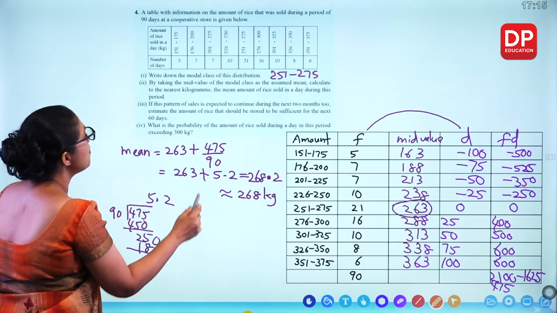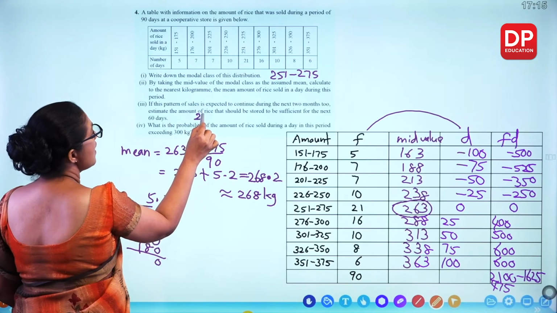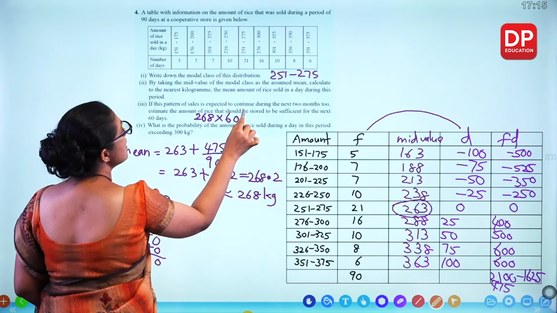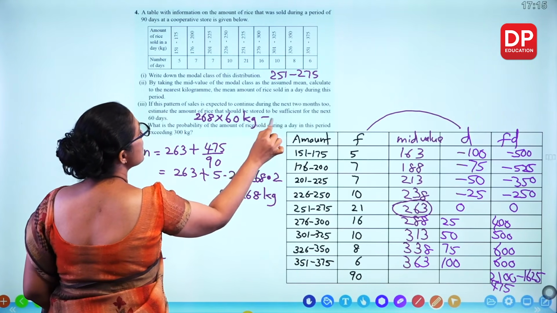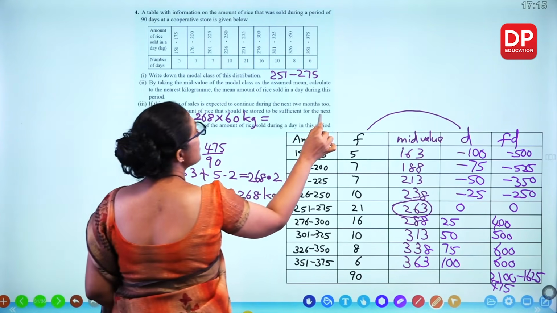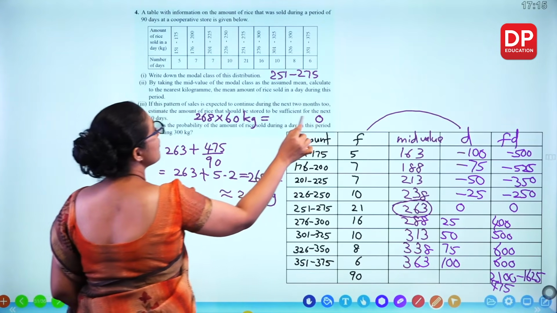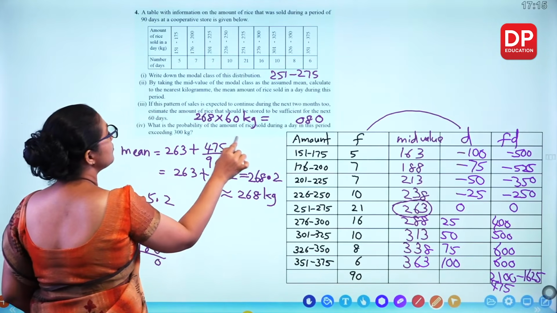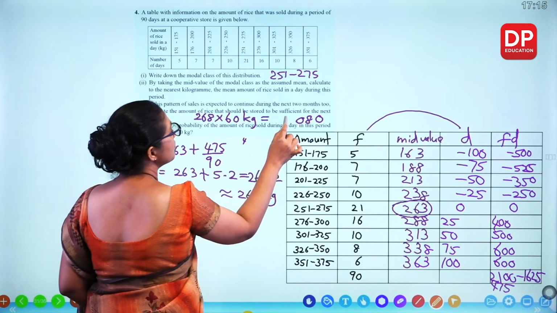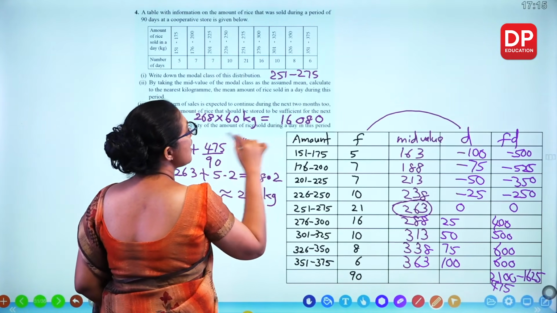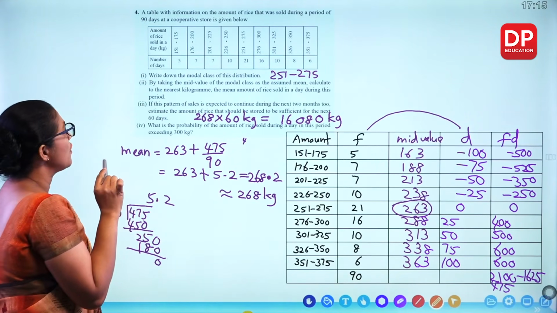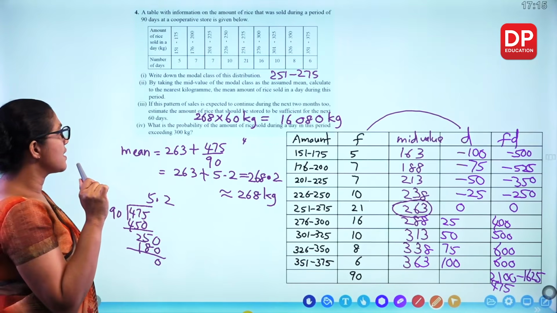So the third part is 268 multiplied by 60. That's the answer. So what's the answer? Multiply by 6. 16,080 kilos, sufficient for the next 60 days.